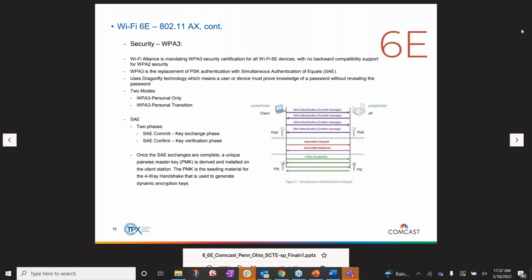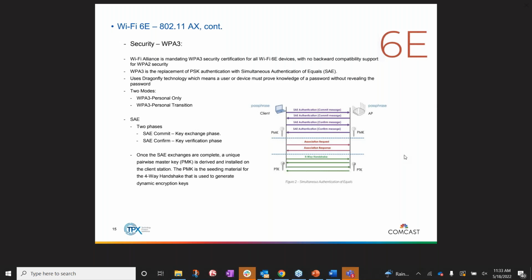Okay, so next we have WPA3. This is the most secure authentication available from the Wi-Fi Alliance, and we almost always use it because of the recent compromise of WPA2 encryption.